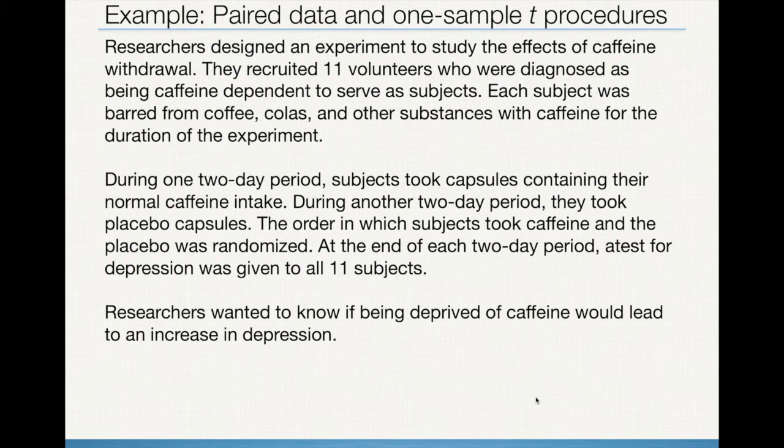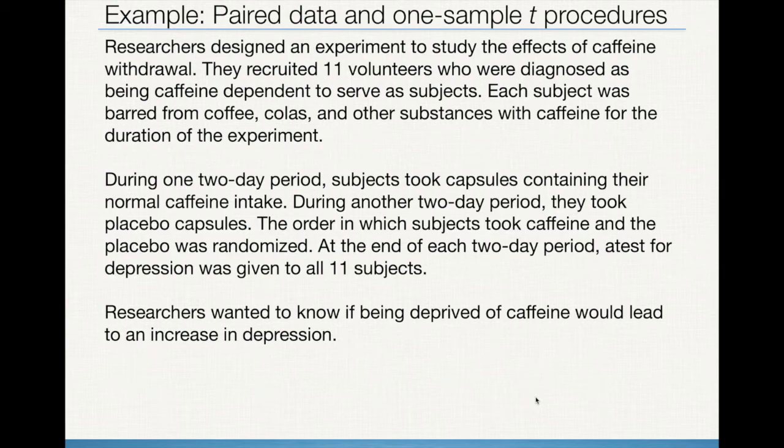Well, there's a lot of variables associated with that question in terms of what each individual may do as a reaction. Maybe some people get angry. Maybe some people don't have an effect. Maybe some people have been caffeine dependent for longer. Maybe they're older. Maybe their gender plays a role.